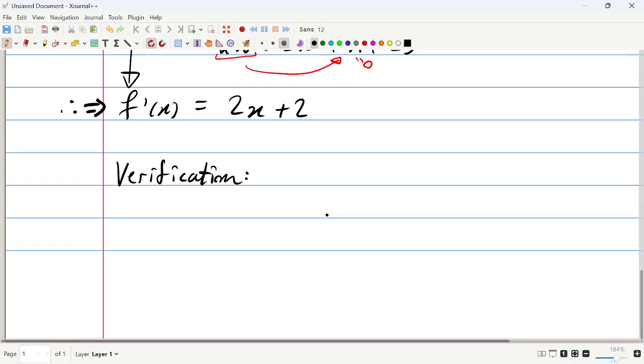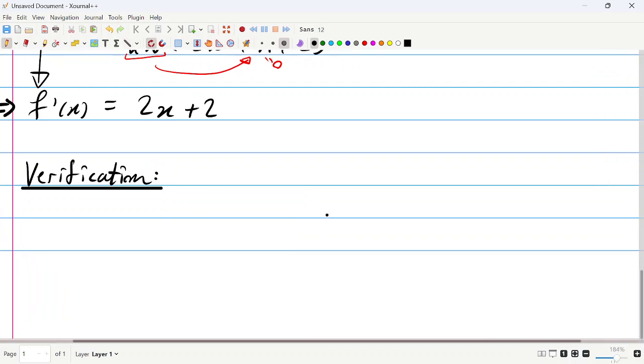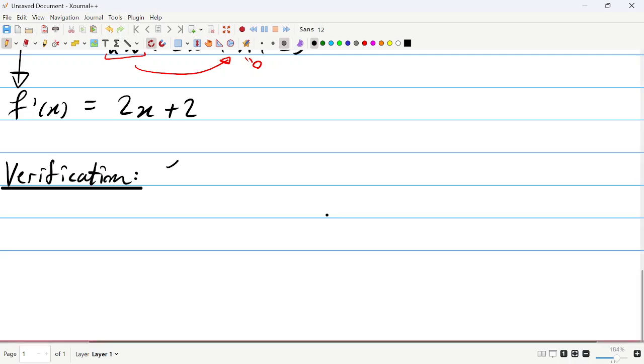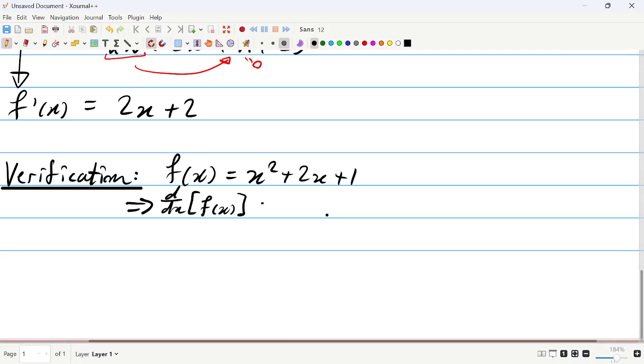Okay. Using the rules that we know about differentiation. So what is the function that we have? We have f of x equals x squared plus 2x plus 1. And we need to take the derivative on both sides. So d by dx of f of x, if you don't know what I'm talking about, go to the rules and notation for differentiation. That is what I'm using this for.